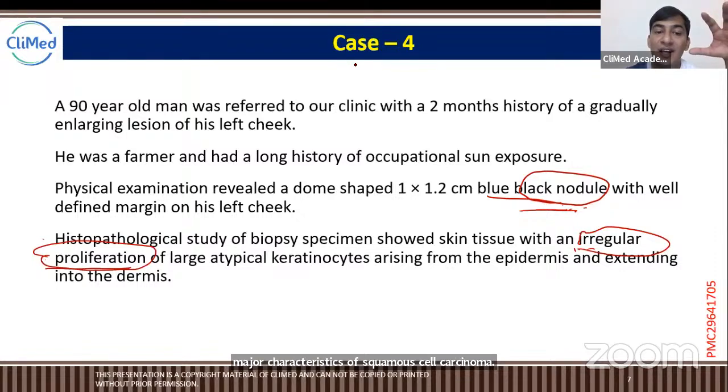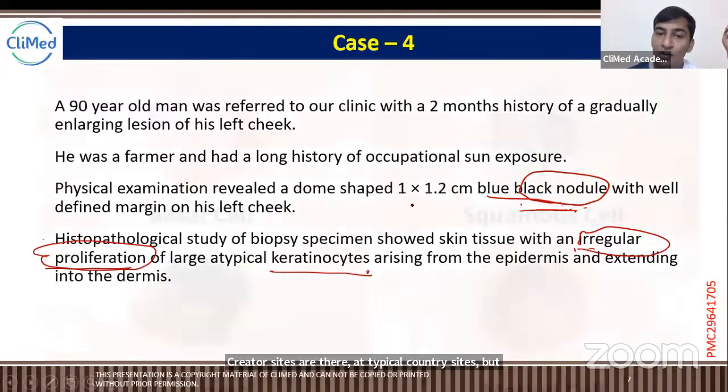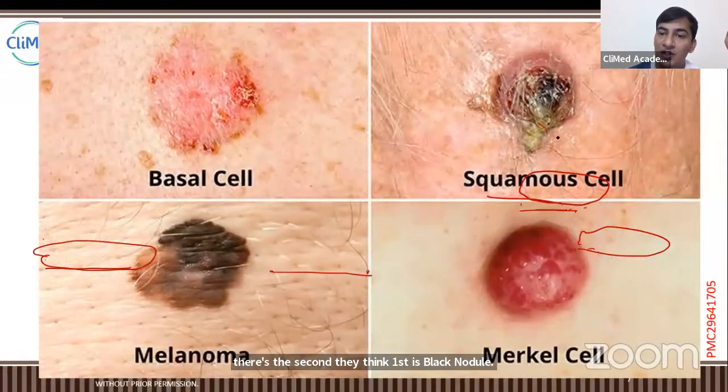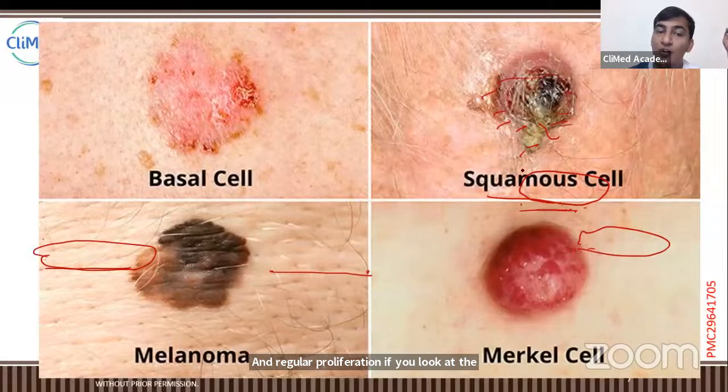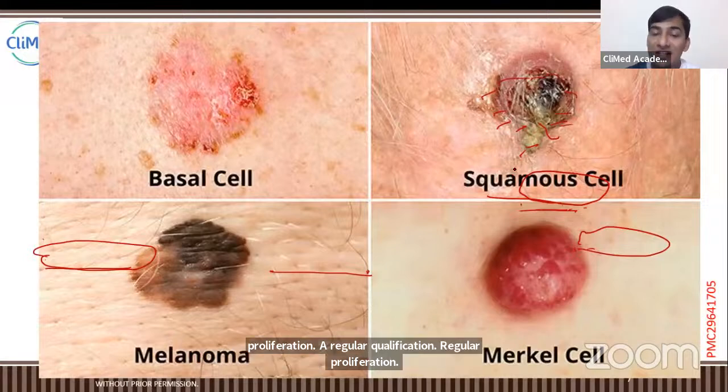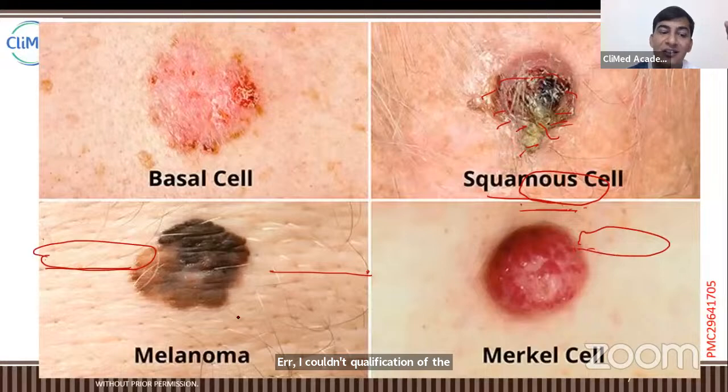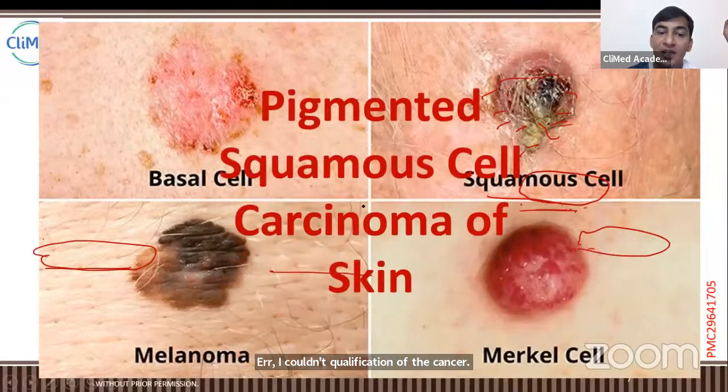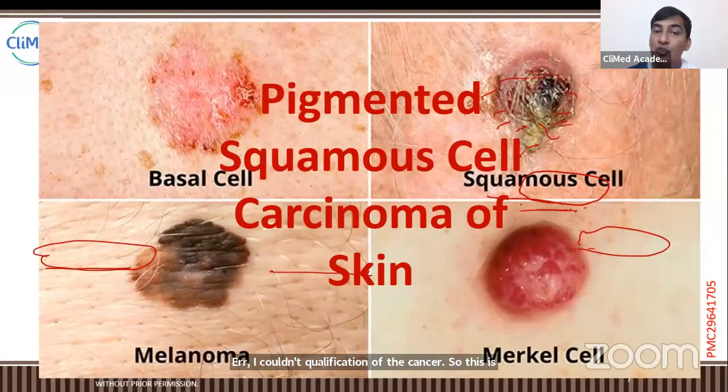Yes, atypical keratinocytes are there too, but that's secondary. First is the black nodule and irregular proliferation. If you look at the proliferation, this is the cancer, squamous cell carcinoma of the skin.